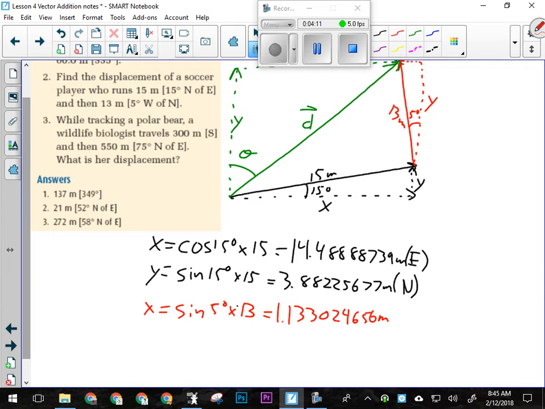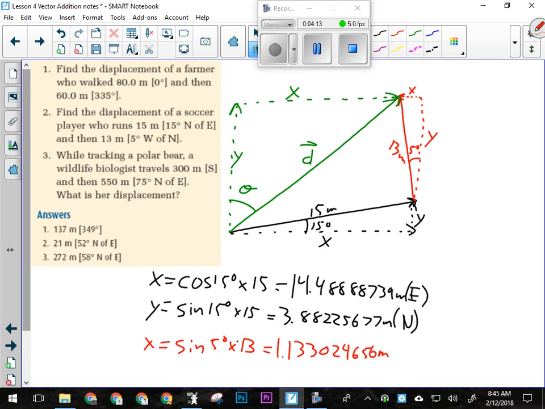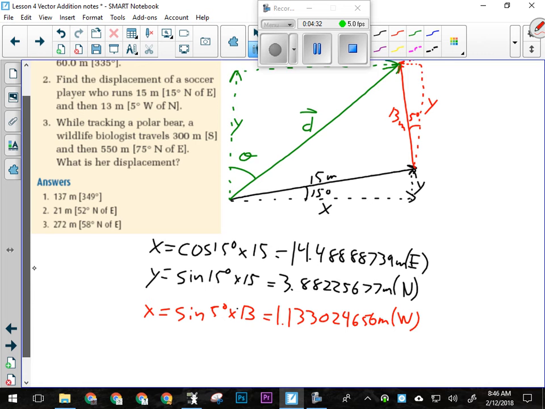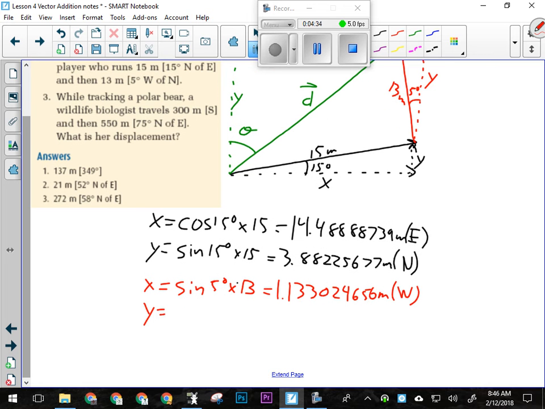West. Okay, because if I look at my triangle here, I've drawn that one going back this way. This was west of north, so the x component has to be west. You can always tell by the directions you were given initially that your x component will be west, your y component will be north. Everyone okay with that? Okay, so now I've got to find the y component. It's the adjacent side.